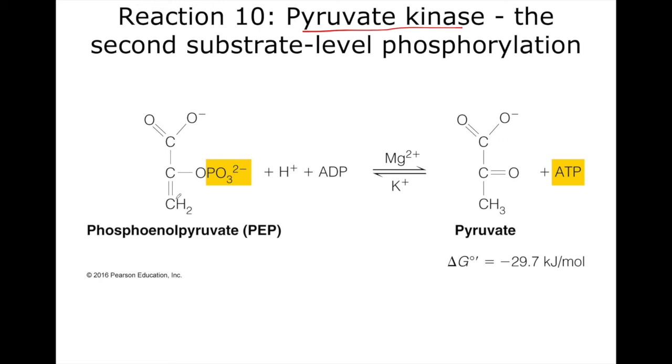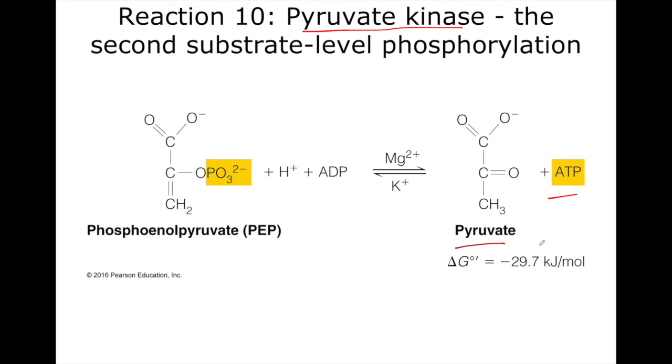If you look back at that table of high energy molecules that we showed you previously, phosphoenol pyruvate is at the top of the list. It's one of the highest energy compounds that we encounter a lot in biochemistry. This molecule takes this phosphate and adds it onto ADP, so we have a substrate-level phosphorylation occurring to produce ATP.